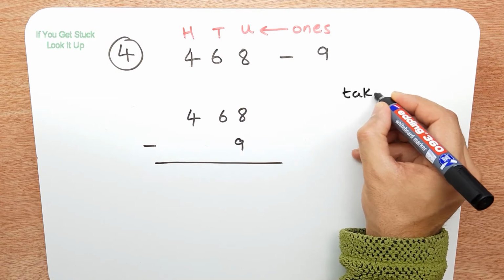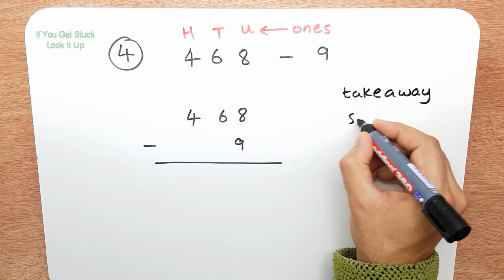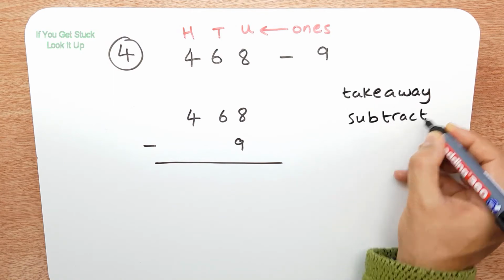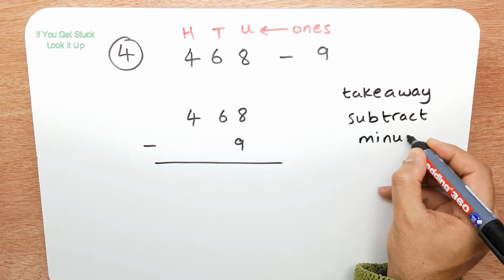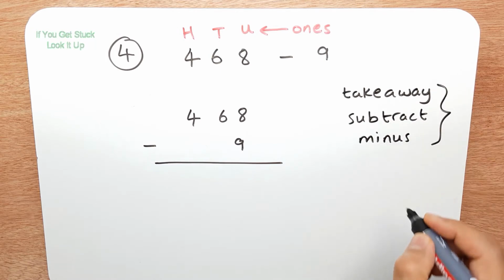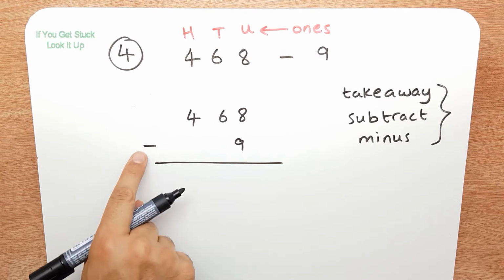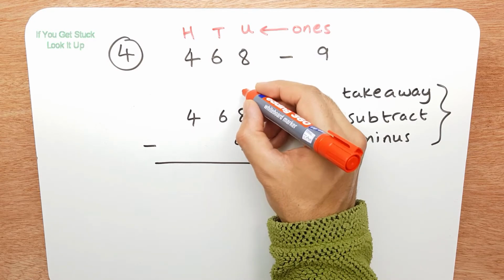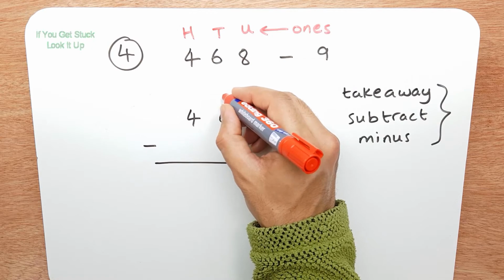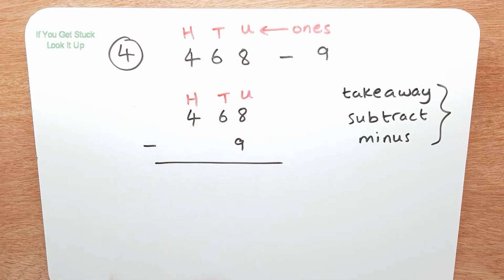Take away, subtract, or minus. These are all the words you'll hear for this symbol. So you've got your units, tens, and hundreds.